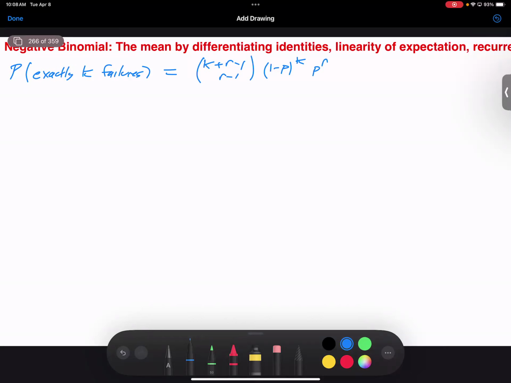We need an identity if we want to use differentiating identities, right? Does anybody know any identity involving these binomial coefficients? Okay, but that's for like X plus Y. And unfortunately here we've got something changing with K. It actually goes back to a comment you made earlier.